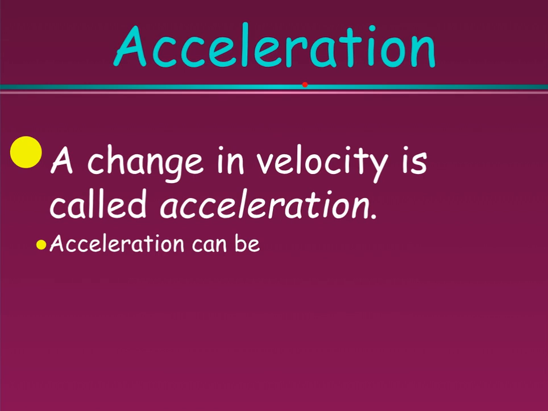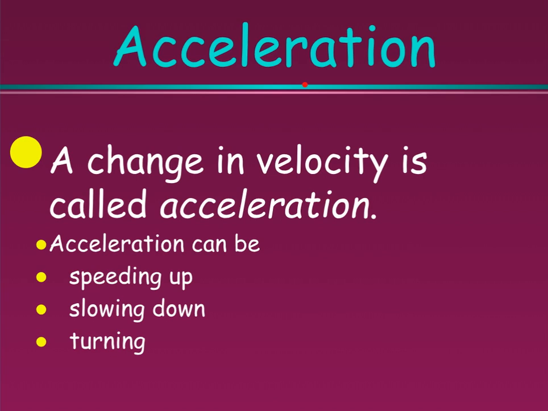An object is accelerating whenever it speeds up, whenever it slows down, and whenever it's turning. We're going to mainly focus on the first two, speeding up and slowing down, for today. To begin, we can talk about acceleration in terms of uniformly accelerated motion.